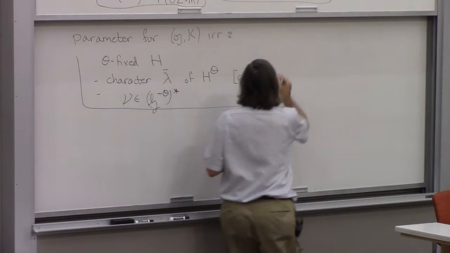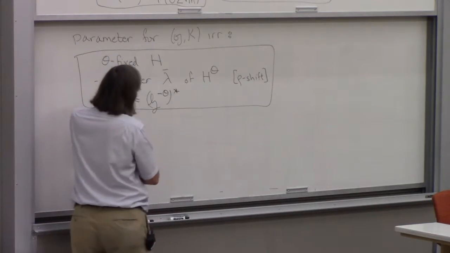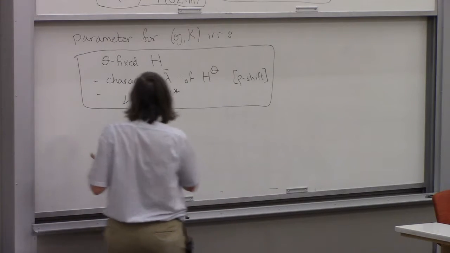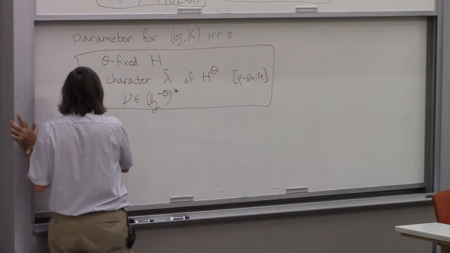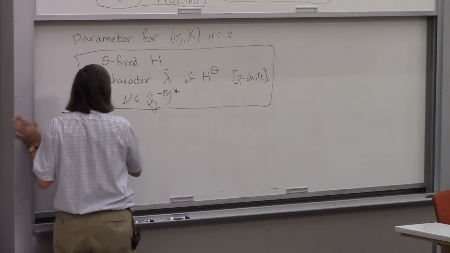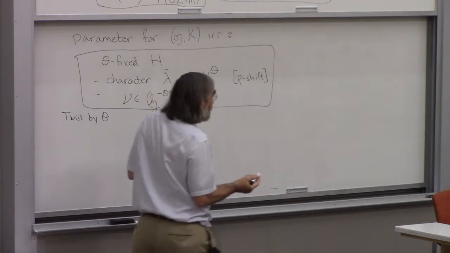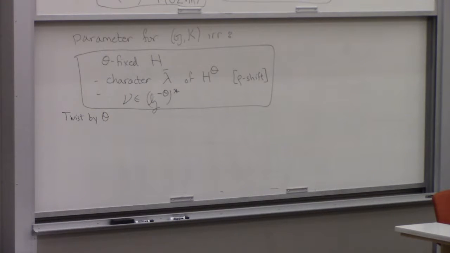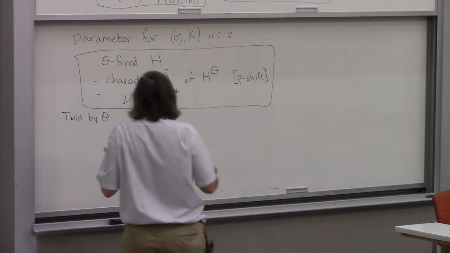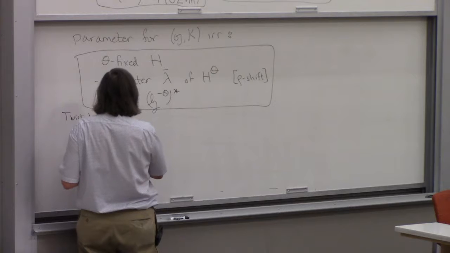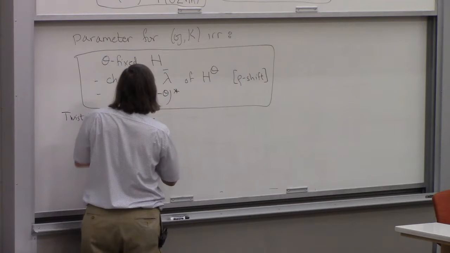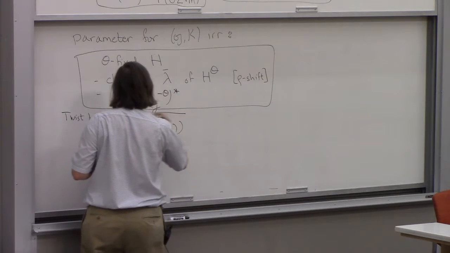So that's the story. So now I want to twist this by theta. That's how this extended group acts, and what I get is, of course, the same H, the same lambda bar, and minus nu.